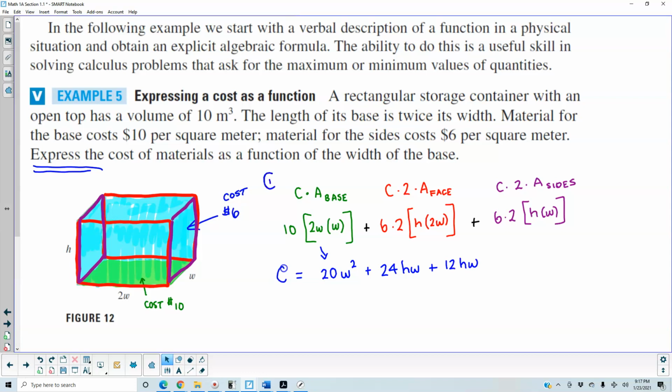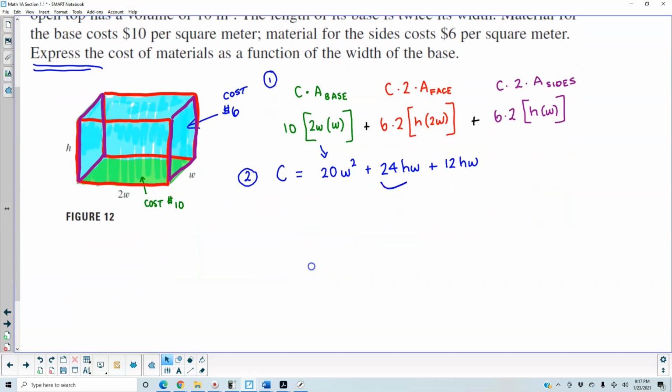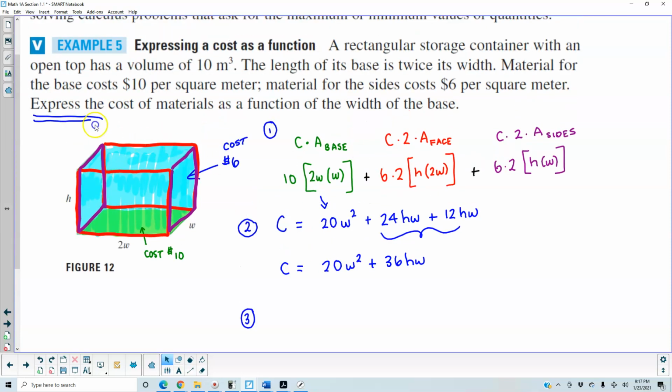This was our first step. This is our second step. Now we still need to combine like terms. So the cost is going to equal 20w squared plus 36hw.